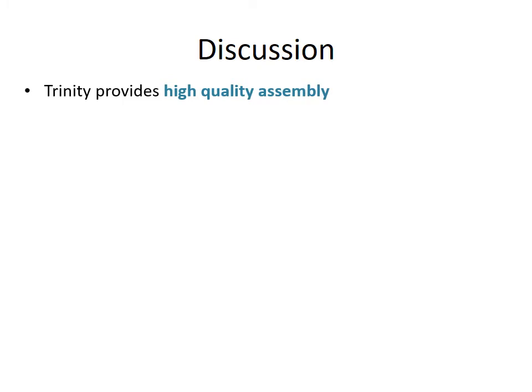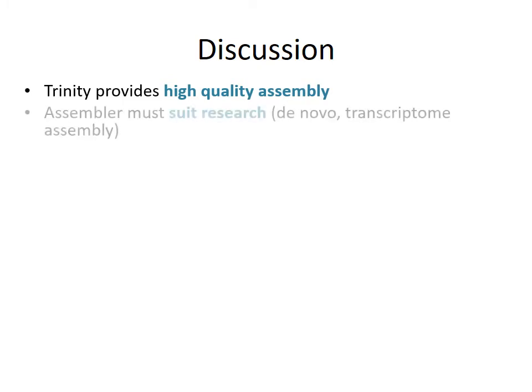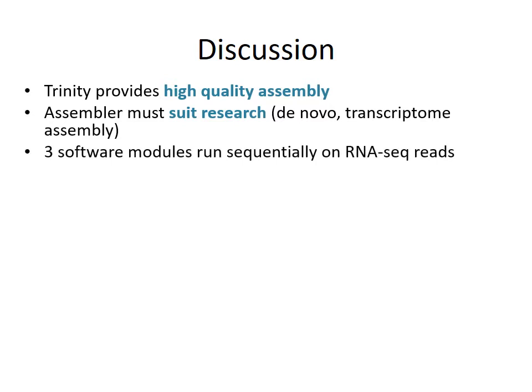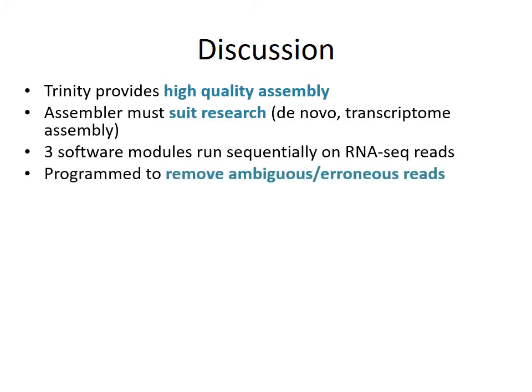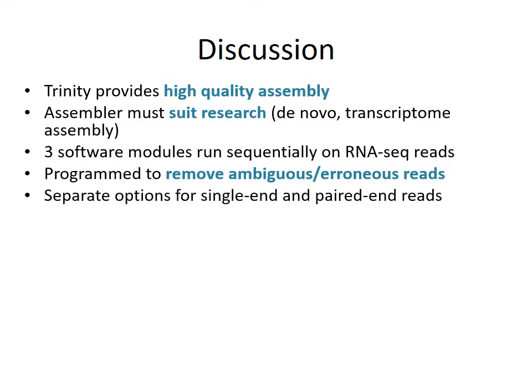Trinity is a software which provides high-quality assembly. However, any assembler chosen must suit the purpose of the research. In this case, de novo transcriptome assembly was done. In the Trinity software, 3 software modules run sequentially on RNA sequence reads, and the software itself is programmed to remove any ambiguous or erroneous reads.